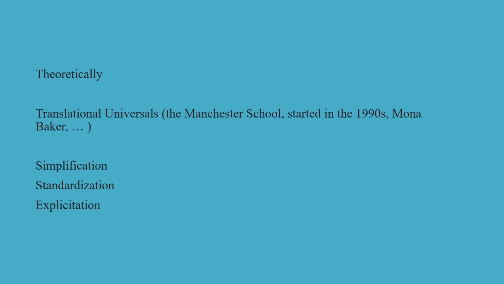The universals found by this school include simplification, standardization, and explicitation. Because time is limited, I just mention these three translational universals here. If you are interested, you can do further reading, because the study in this field is quite influential.